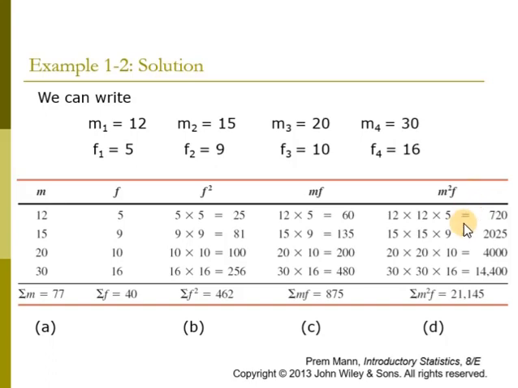So the resulting products, denoted by m squared f, are recorded in the fifth column here. For example, the first value, 720, is obtained by squaring 12 and multiplying this with 5. The sum of the values in this column gives m squared f, 21,145.